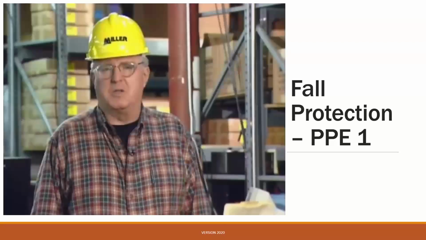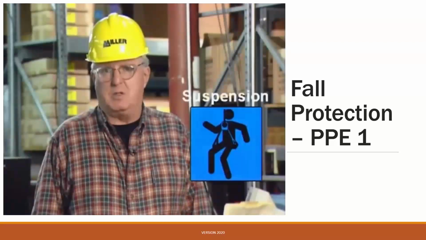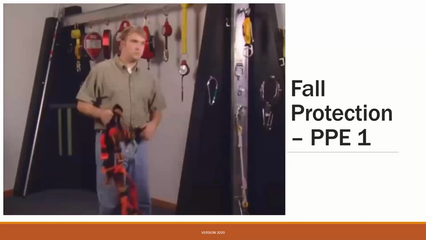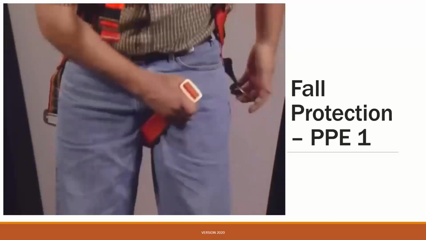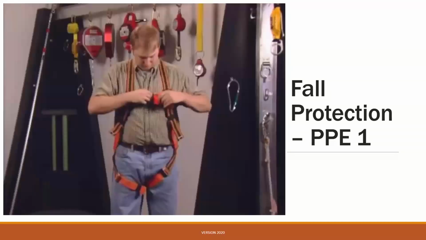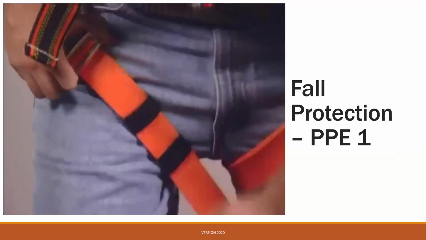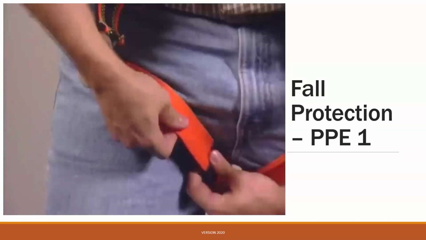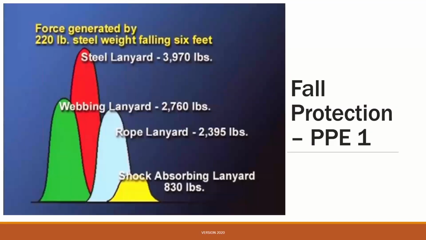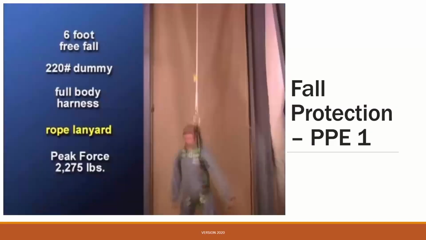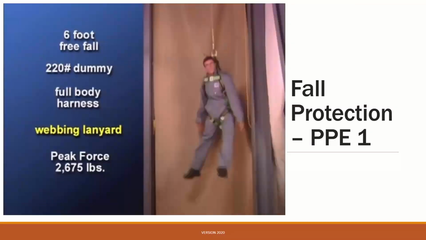The third category is the personal suspension system. It is used in applications where work requires it. Remove the harness, the connecting device will stop a fall, operated by a rope lanyard, forces over 2,000 pounds.